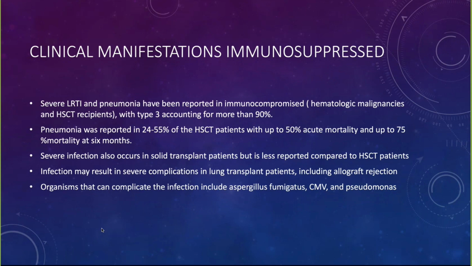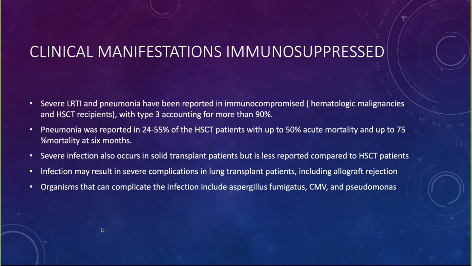It's isolated in more than 90% of those cases. Pneumonia has been reported in 24 to 55% of stem cell transplant patients due to respiratory viruses, due to parainfluenza. And the mortality in this population can be as high as 50 to 70%. So it's a really, really important virus for this population.